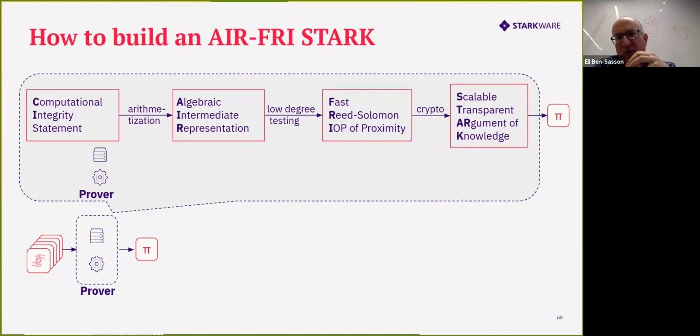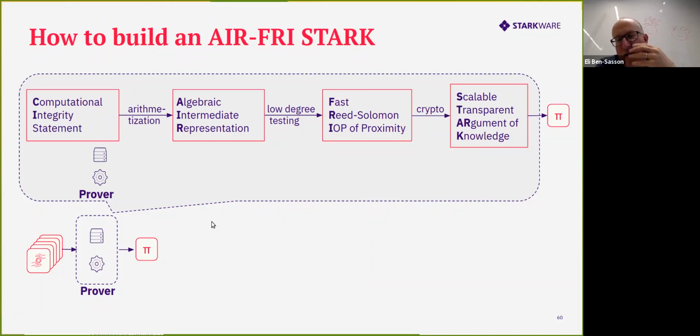And we call it, in the world of Starks, an algebraic intermediate representation, or AIR. Those familiar with SNARKs and other systems may have heard of R1CS, rank 1 constraint satisfaction problems. Those are the analogs of our AIR. Then you want to feed that to some low degree testing protocol. As I said, there are several different kinds.